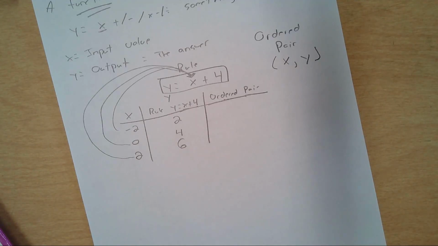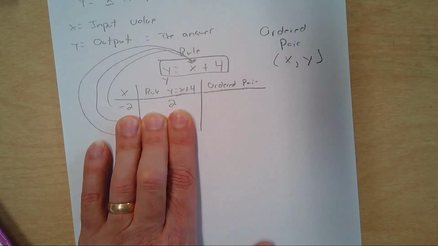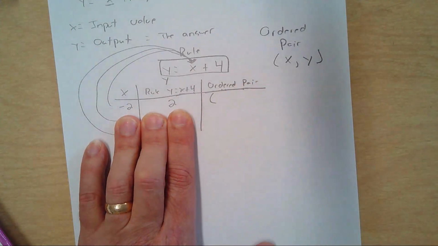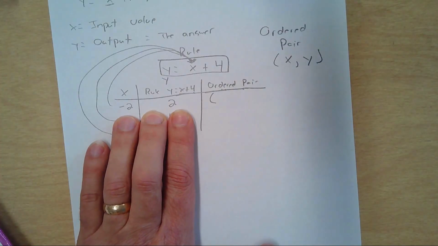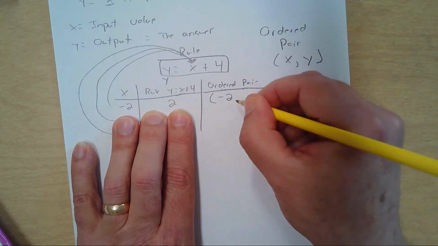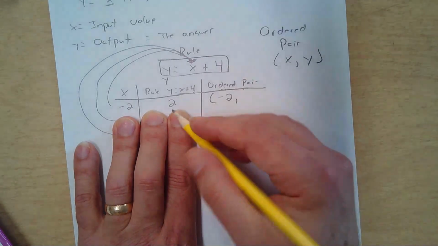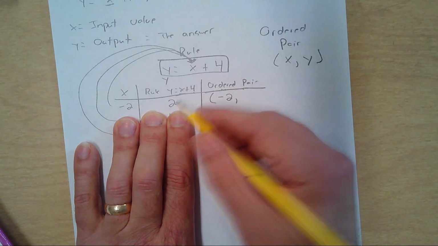If you don't say it in the right order here, well, then you're referencing a whole different point. But if I wrote out the ordered pair for this first one here, basically I'll make my brackets. Whatever my x value is, in this case it was -2, I write that. A comma separates your x value from your y value, and then my y value was a +2.